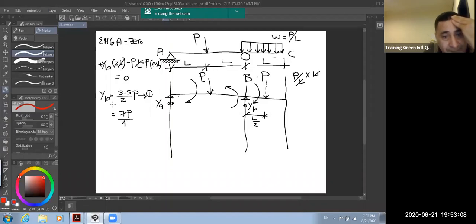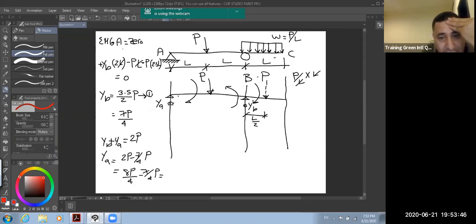Yes. Sigma Y equals 0 means YB plus YA equals 2B. If 2B, then YA equals 2B minus 7B over 4, so 8B over 4 minus 7B over 4, equals B over 4.